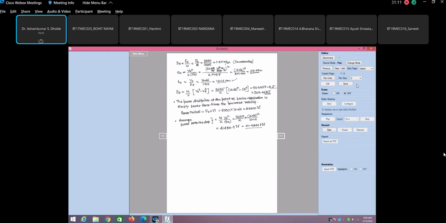So this is the average power over the stop. So this is how we can solve the problem. I hope it is clear to you people that how to do this.